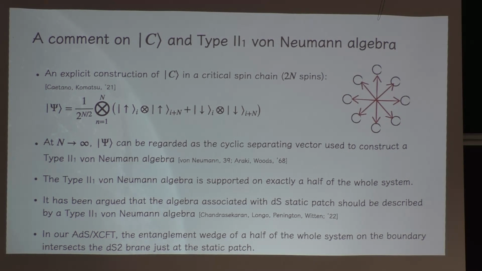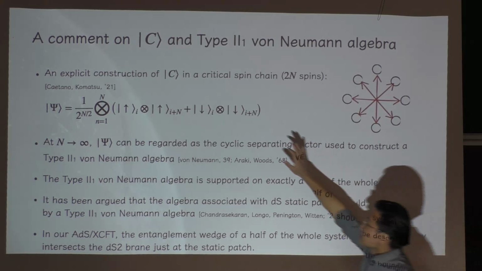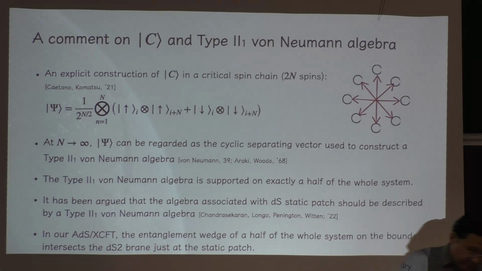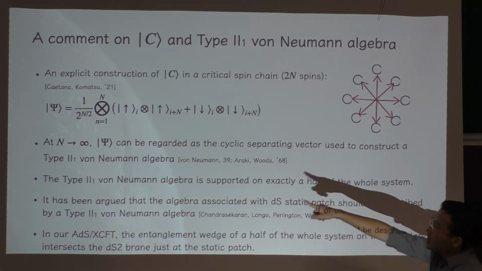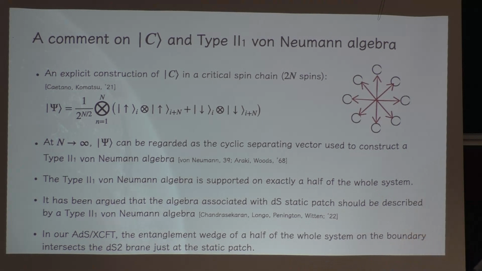Okay, but then let's look at this state as a state in the spin system, and let's take the spin number n goes to infinity. Then the state can be regarded as the separating vector used to construct a type II_1 algebra. The type II_1 algebra in this case is supported on exactly half of the whole system.